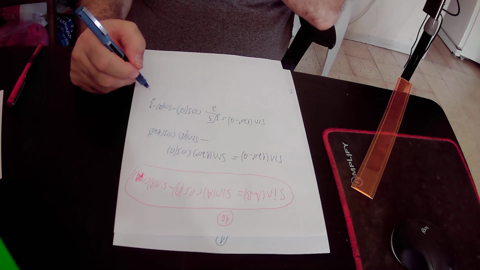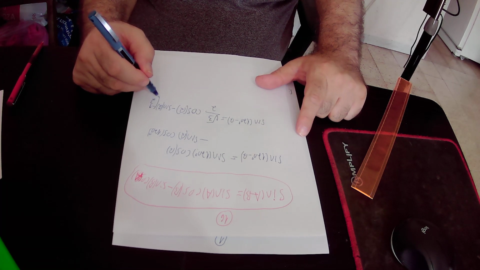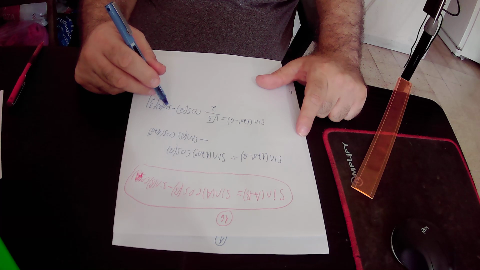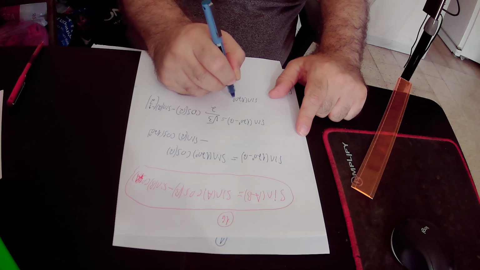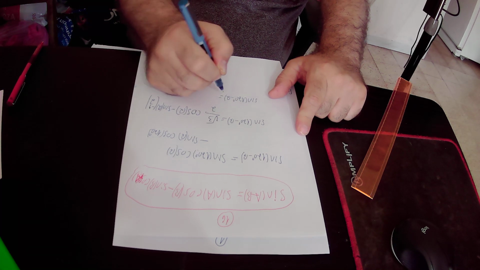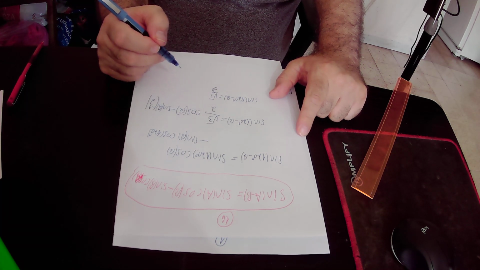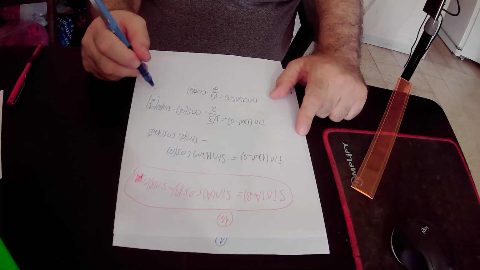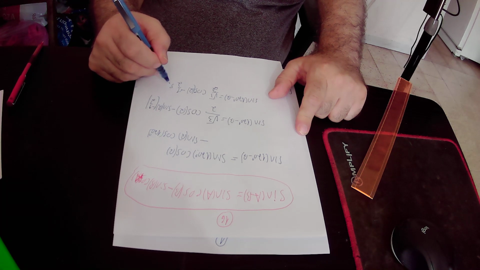Okay, so here minus times minus is plus, so sine of 120 degrees minus Q equals root 3 over 2 times cosine Q plus 1 over 2 times sine Q.